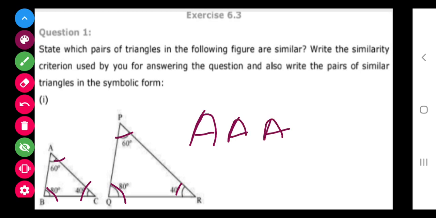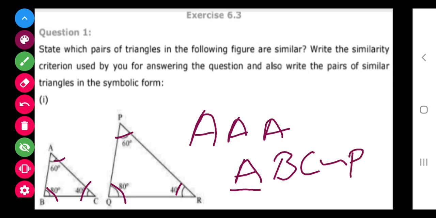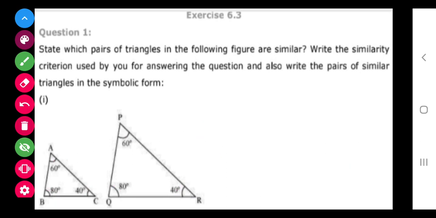Now the criterion: ABC is similar to, this is the symbol of similar, similar to. A is equal to which angle? P. So you will write here P, then Q, B is equal to Q, and C is equal to R according to the question. So this is the criterion used, and write the pair of similar triangles. This is the answer.